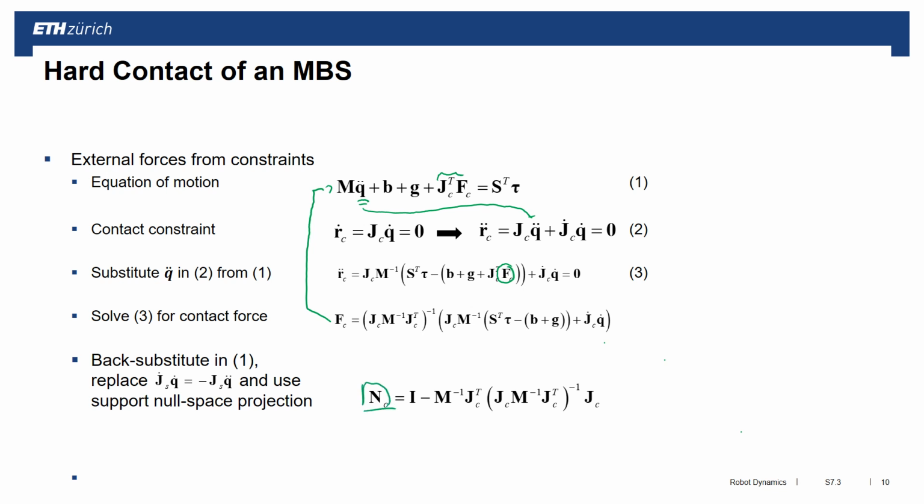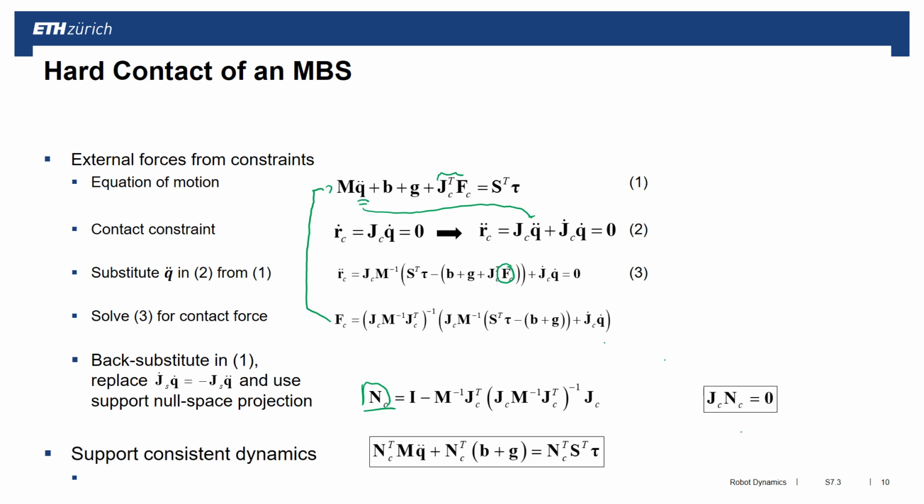We substitute in all of that a null space projector matrix NC, and what we end up with is the so-called support consistent dynamics. In essence it is a projection of the above equation with NC. And as you can see, this NC times NC transposed times JC transposed is equal to 0, so that part drops out.